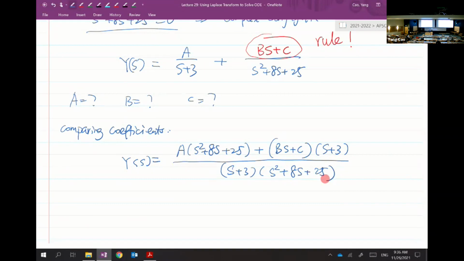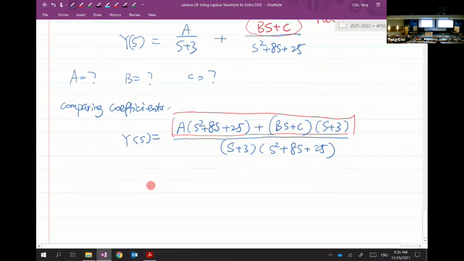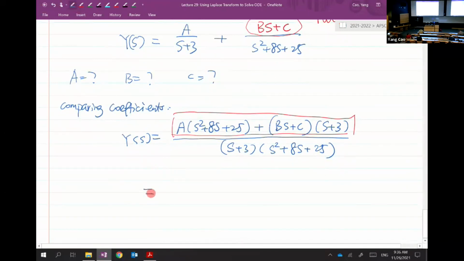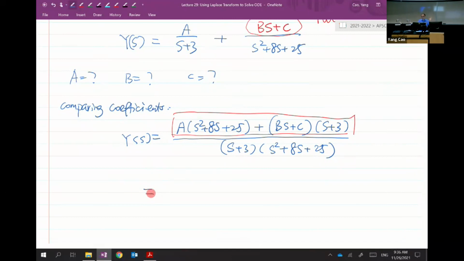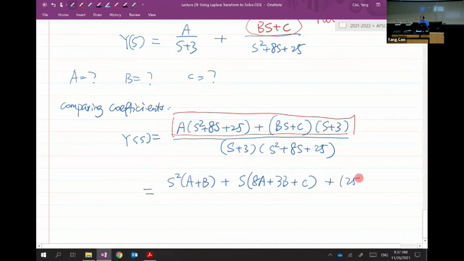You just basically write it back into one single fraction. And this is your numerator here. And you need to simplify it first. Simplify means you group all the terms with the same factor. In this case, we group all the terms associated with s squared. It turned out to be a plus b for this one. We also group all the same terms for the s term, which is 8a plus 3b plus c. And lastly is the constant term.